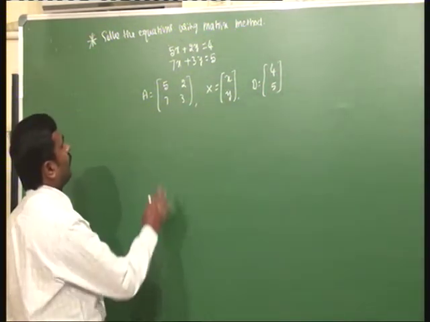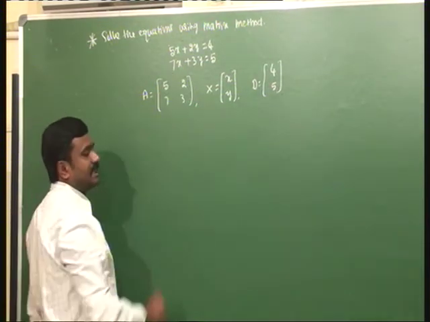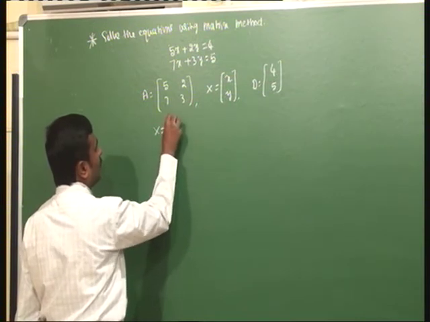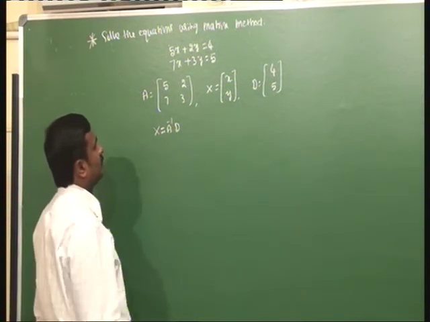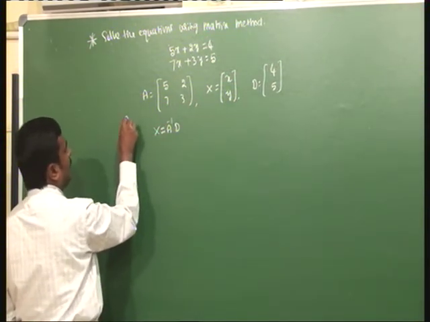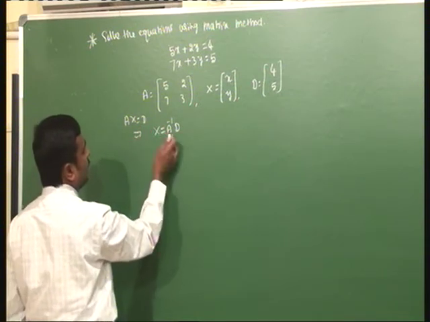Now we have to solve these two equations by the matrix method. So matrix X is equal to A inverse into D, because matrix A into matrix X is equal to D, that implies X is equal to A inverse D.